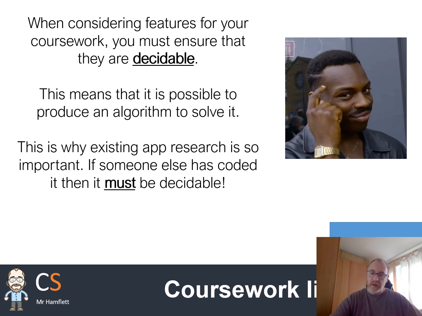Now, it sounds like a really hard job to show that something is decidable or not. Actually, it turns out to be really easy, and this is where your existing application research comes into it. You will have already researched existing applications for your coursework. If another application can do it, then there must be an algorithm that exists that you can maybe simulate.